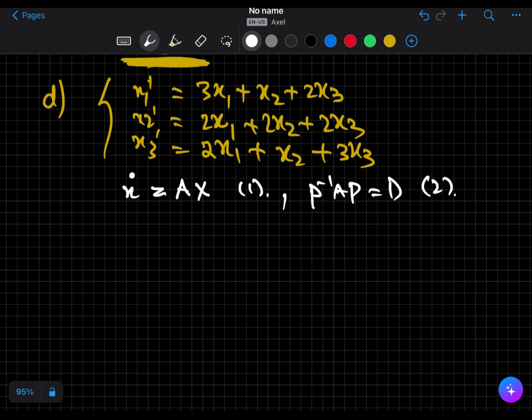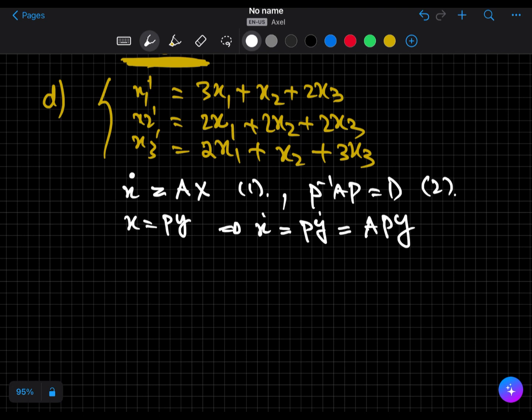If we apply a change of variable by letting x equal Py, therefore x dot equals P y dot, which equals APy.